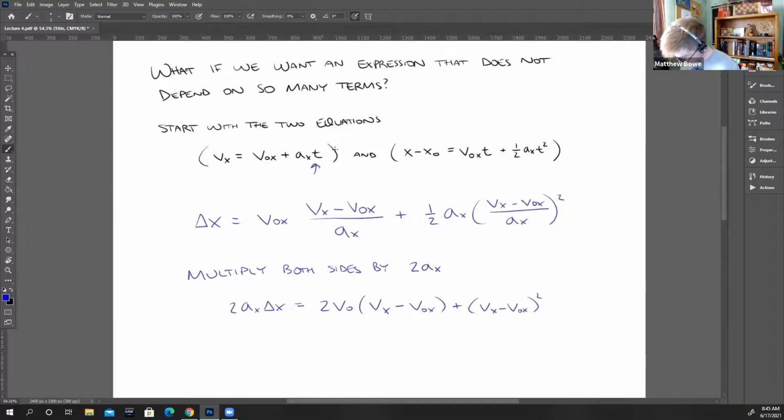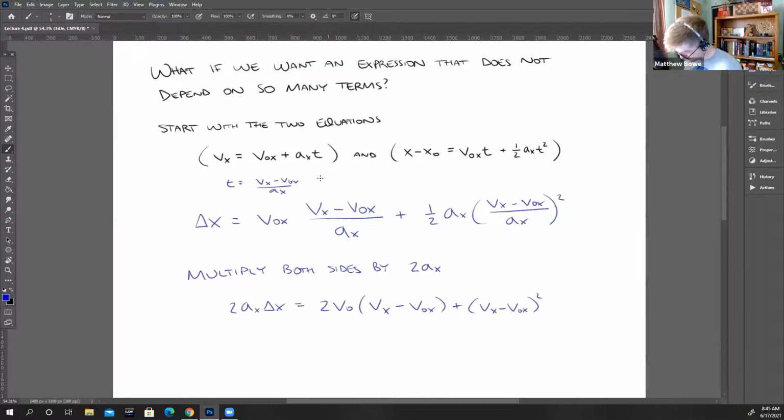We have solved for t in this, so it was t equals Vx minus V naught x divided by a x. I just want to do every single step.